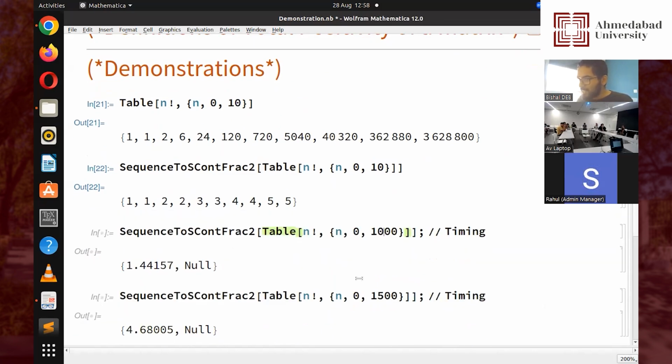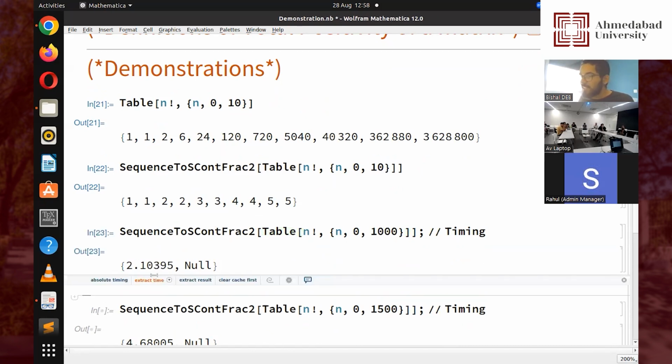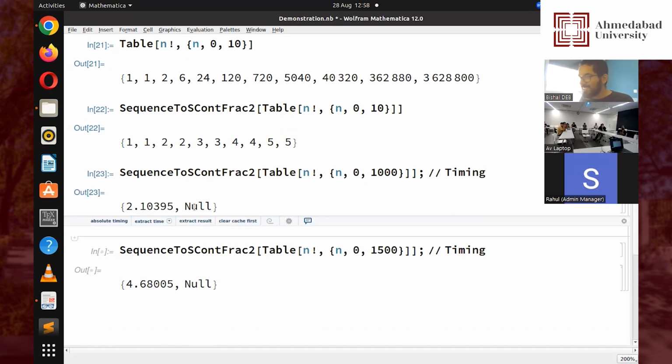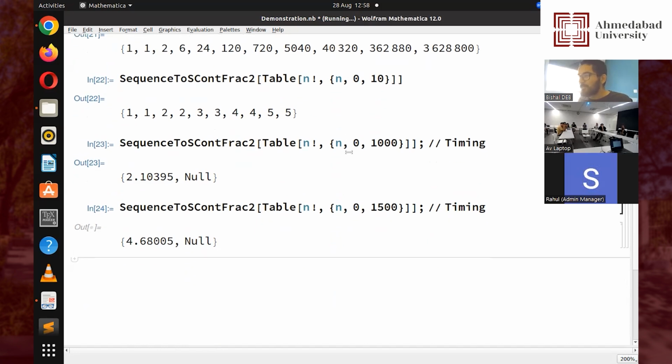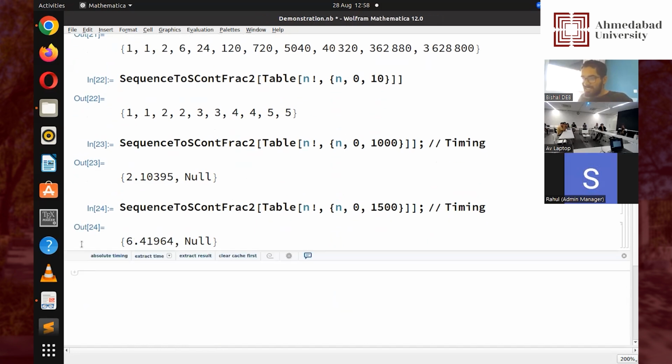But if I, for example, take the first 1000 terms in this, it can compute this in about 2 seconds. Right now my computer is running Zoom. When it was not running Zoom, it could do it in 1 second. And I'm guessing 1500 terms will take 8 seconds now. Let's see. I'm not printing it out, I'm computing and just printing out the time. So it took a bit more than 6 seconds.